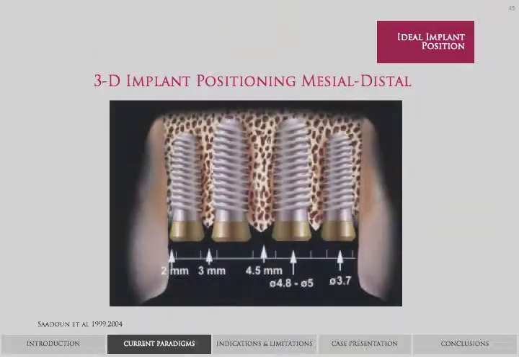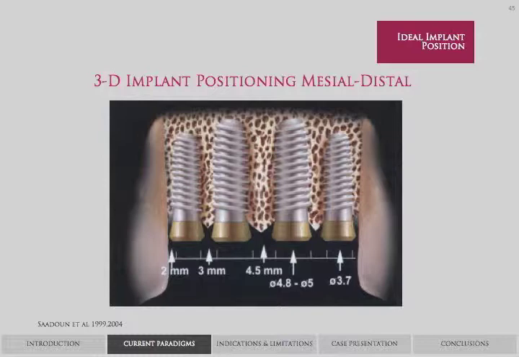Now, also you got to keep in mind your adjacent root angulation. If this root is angled in this direction, then it may not be possible to place this implant. Okay? At that point, like I was saying before, you may need to do a distal cantilever from this tooth over here.